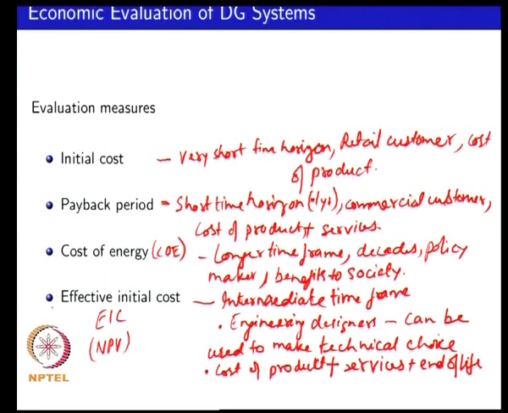You might also like to make your design decisions when you are actually designing the product based on another metric, and you may also want to check what your payback period is, because your customer to whom your product is sold might calculate the payback based on some other metric. So, you may want to look at all these things simultaneously when you are looking at a particular DG technology.